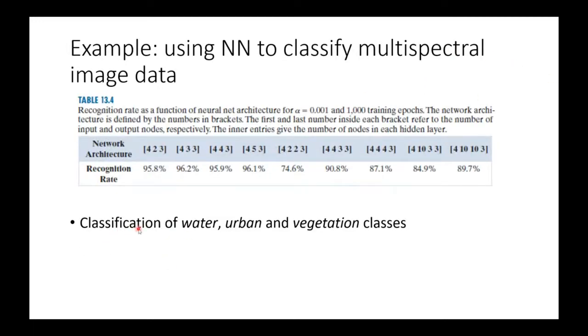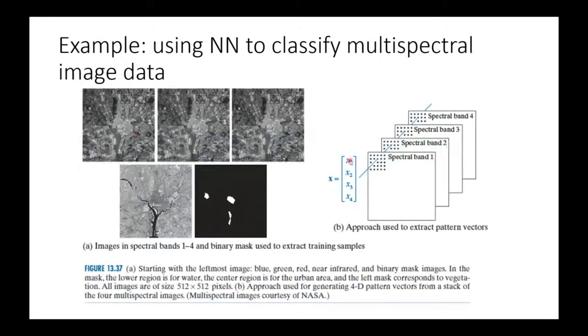And the classification task is to classify water, urban, and vegetation classes. And that's the recognition rate with the network architectures with 4 inputs. Each input will be one vector representing one spectral band, the way they implemented it.